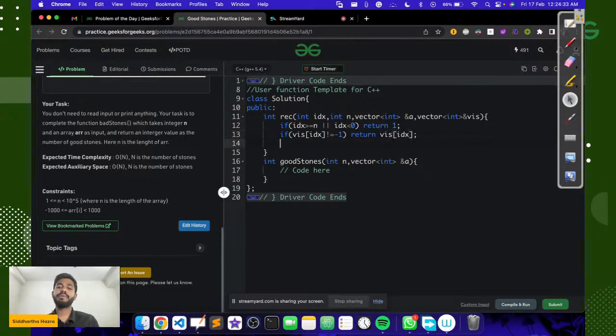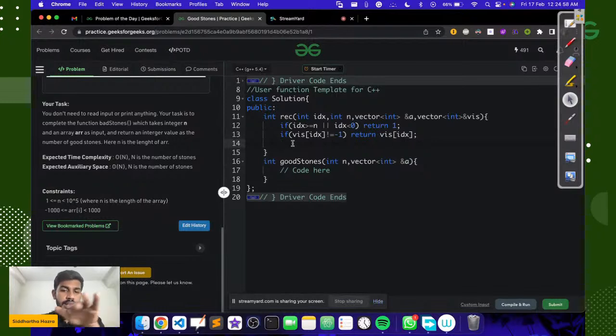That means we have already made a decision. Like a student came to me and told me, sir, I have already enrolled in a different course, so there is no point in me teaching him again. If he has done something, then just return it.